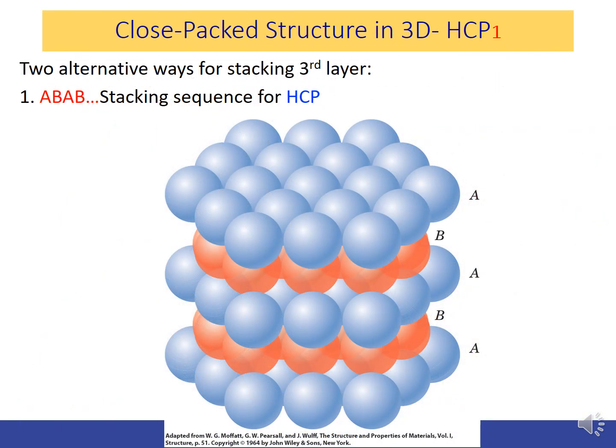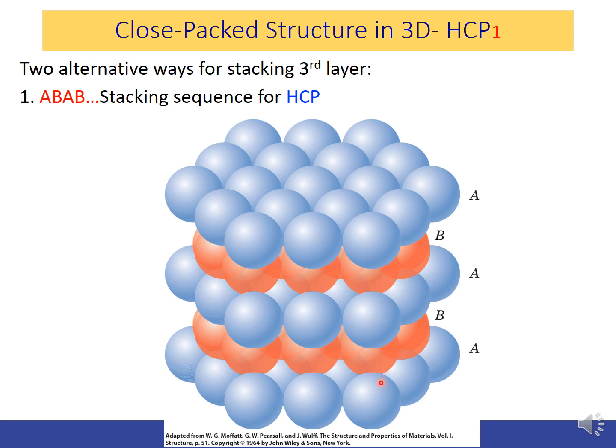Here comes the next layer. We just talked about the first two layers. The first layer is A, and the second layer is B, which is placed on top of the depression of the first layer. The third layer can be again placed directly on top of the first layer. So we call that A layer, A plane again.